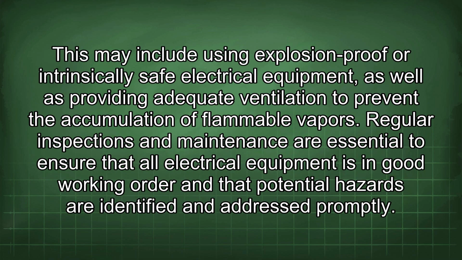This may include using explosion-proof or intrinsically safe electrical equipment, as well as providing adequate ventilation to prevent the accumulation of flammable vapors. Regular inspections and maintenance are essential to ensure that all electrical equipment is in good working order and that potential hazards are identified and addressed promptly.